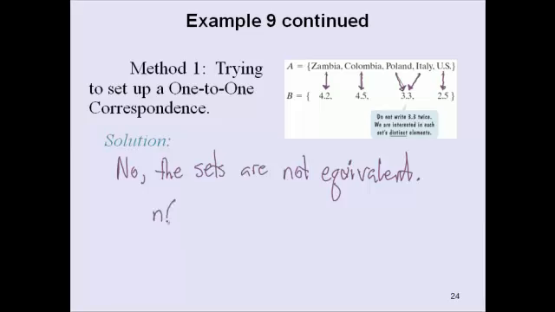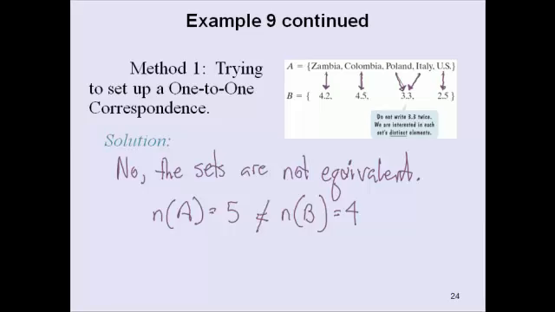N of A is equal to 5. N of B is equal to only 4. And so those sets are not equivalent. Not equal to each other.